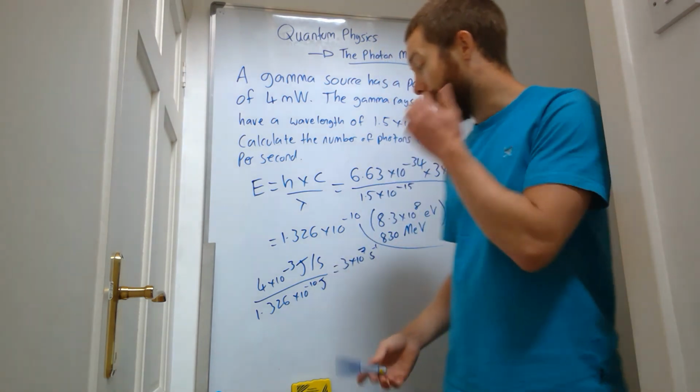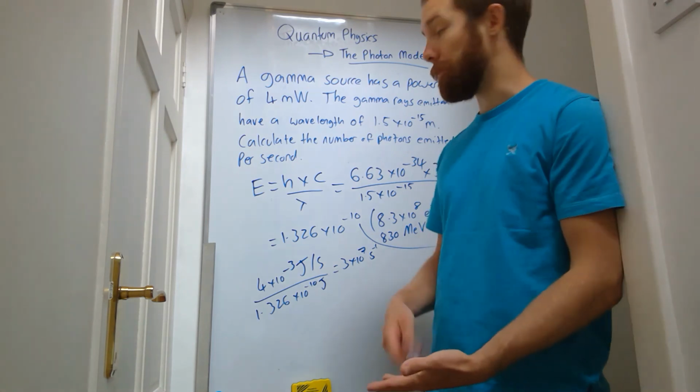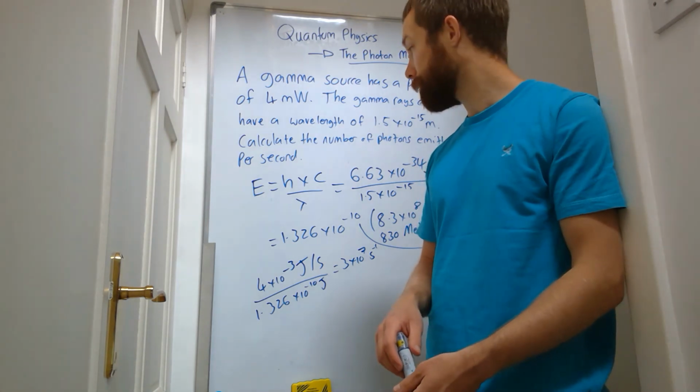So about 30 million photons per second. Simple as that.